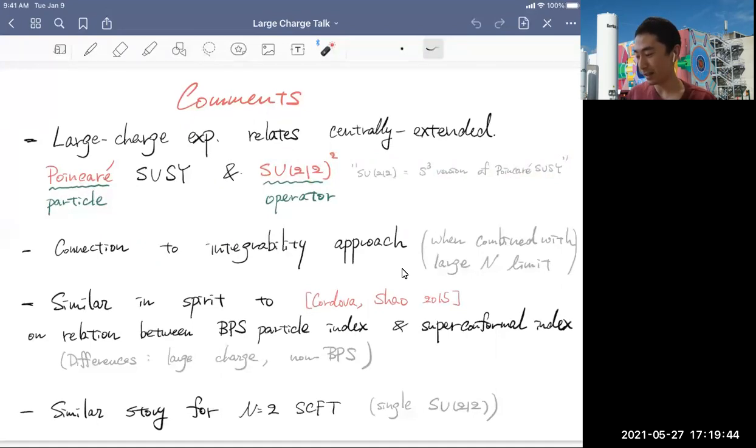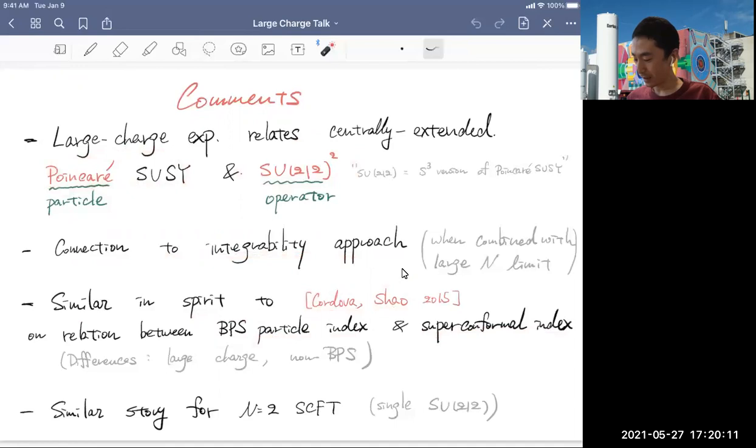And as I said, there is some connection to the integrability approach. It's also similar in spirit to what was done in this paper, which discussed the relation between the BPS particle index and the superconformal index, because I'm basically saying that this algebra, if you take a decompactification limit, becomes this centrally extended Poincaré SU(2|2) because of Inönü-Wigner contraction.